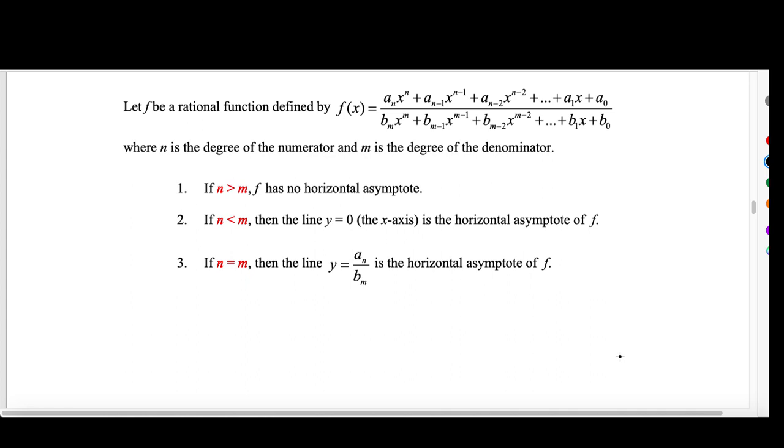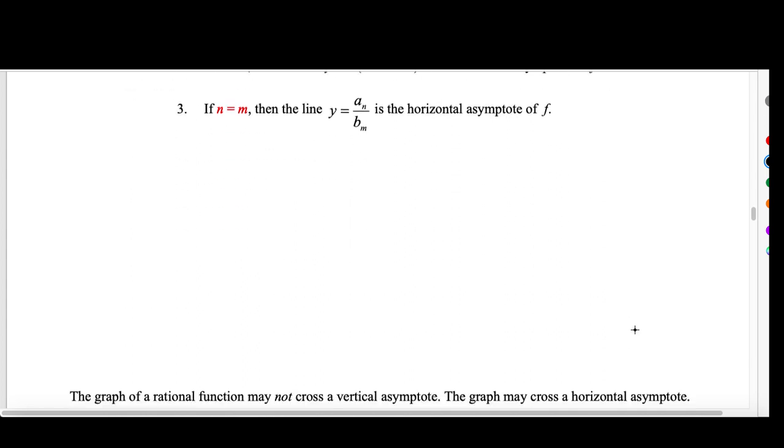If n is less than m, then the line y equals 0, or the x-axis, is the horizontal asymptote. If n equals m, then y equals a sub n over b sub m is the horizontal asymptote, right? The ratio of the leading coefficients. So that is how we find horizontal asymptotes of a rational function.